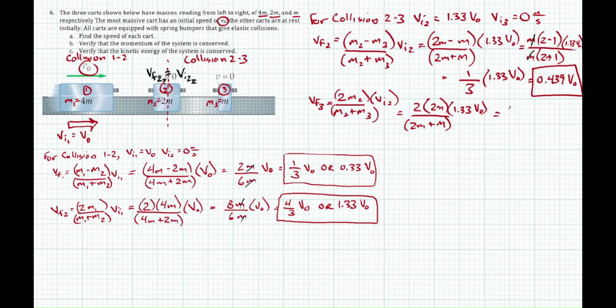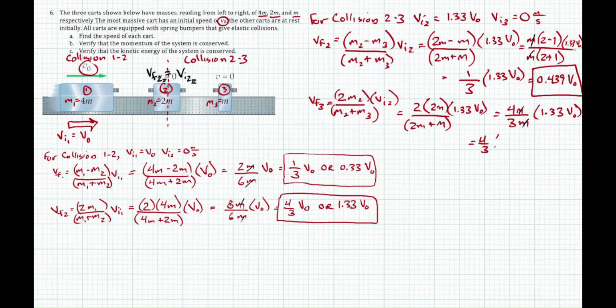Simplify, so that would be 4m over 3m times 1.33 VO.